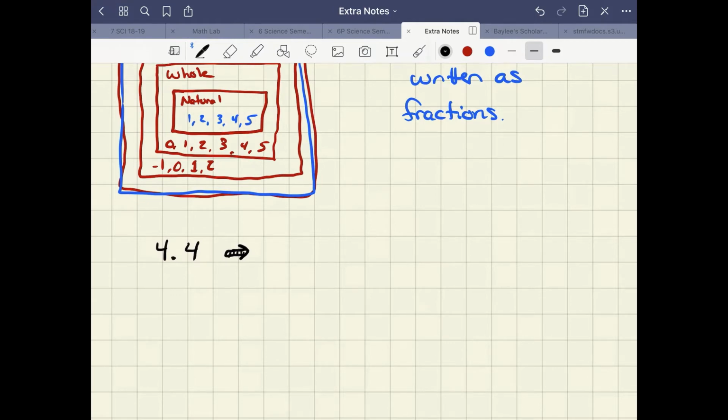So you could say, hey, 4.4 is the same thing as 4 and 4/10, which when simplified would be 4 and 2/5. Notice that. And if I really wanted to, I could write this as an improper fraction, and it would be 22/5.